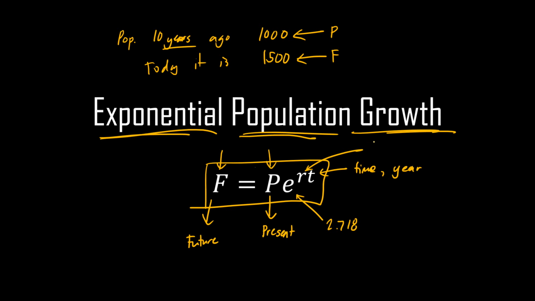It's often expressed as, for example, let's say the population growth is 2%, so it's going to be expressed as 0.02. It's expressed as per time, so there's a unit of time in the denominator.